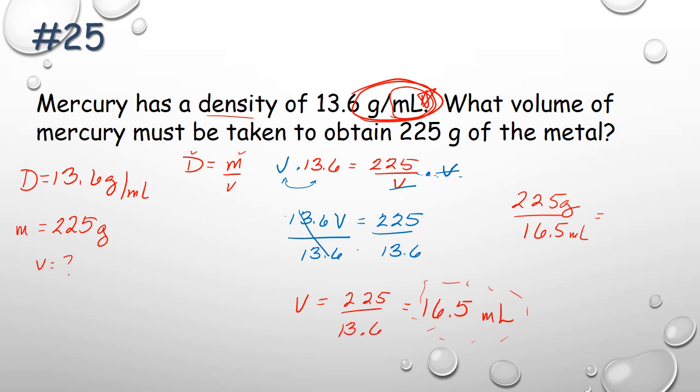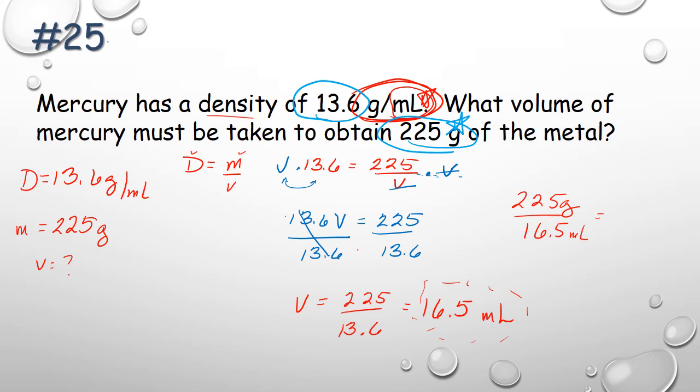Now, here's a question for you. Do I judge my significant figures based on the density value of 13.6 or on the mass value of 225? I would do it on the mass value of 225, because the density of a liquid can be considered an exact number.